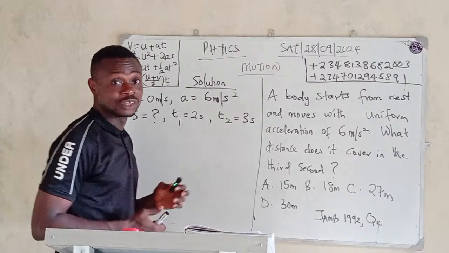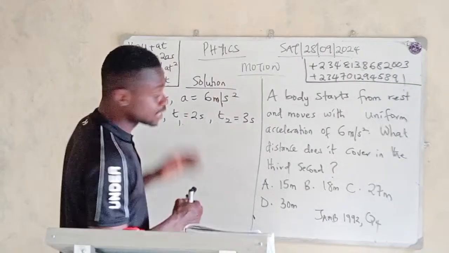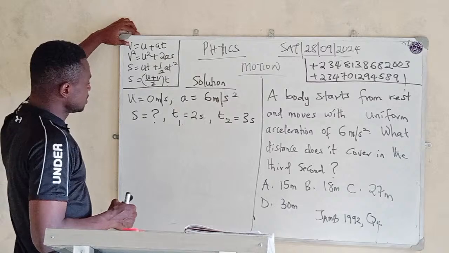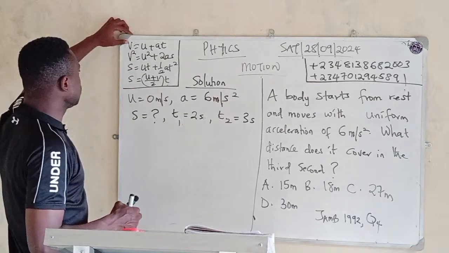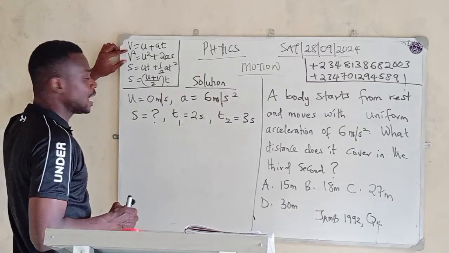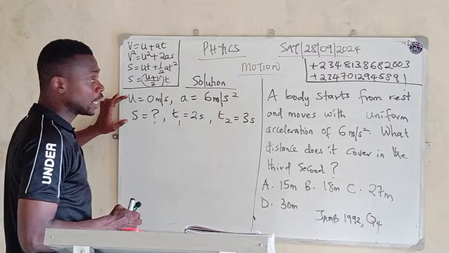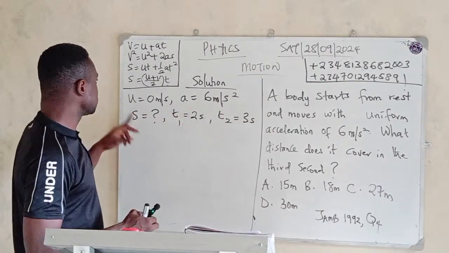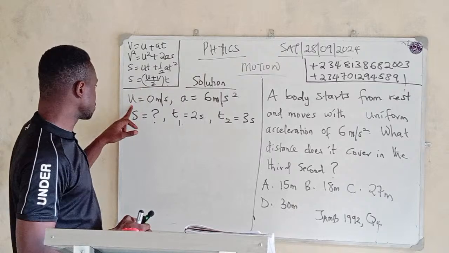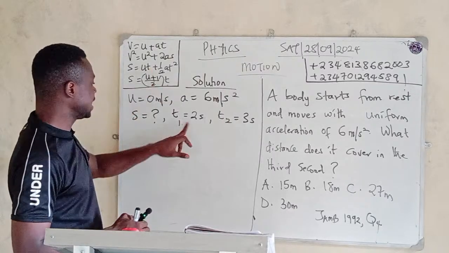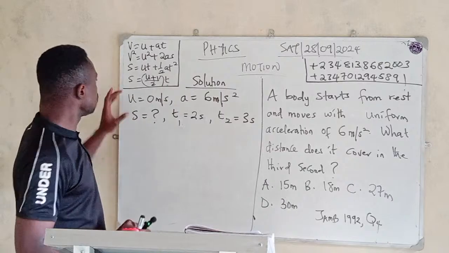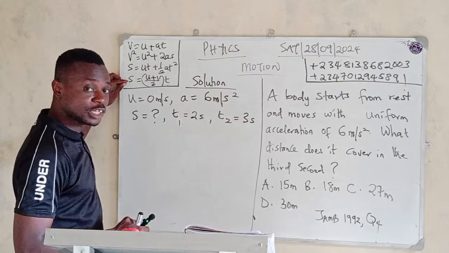Let's look at the equation that we can use to solve this question. This one has V, but there's no V here, so we cannot use this one. This one also has V, no V here, so we cannot use it. This one has S, there is S here, good. It has U, there is U, good. It has T, there is T, good. It has A, there is A, good. So we can use this one, but let's check this one too.